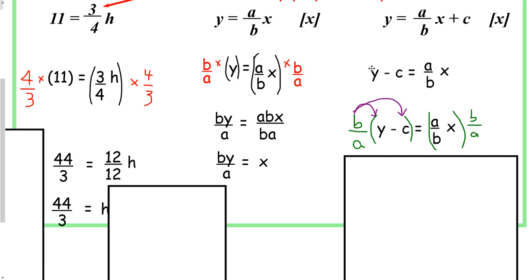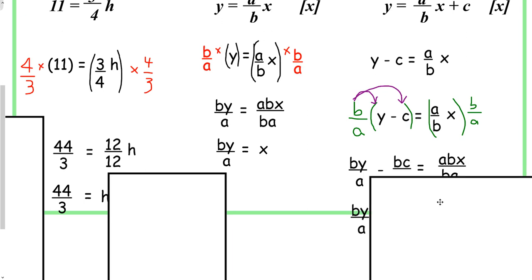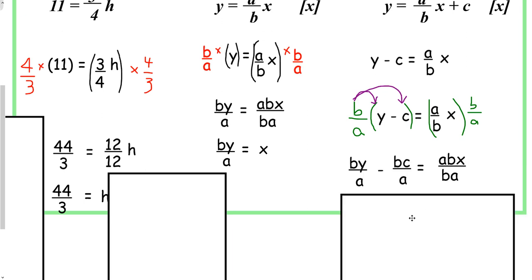Okay, so what I decided to do here is these are separate terms, so there's two ways of doing this. You could put a bracket around each one and multiply each one by b over a, or you could use a distributive property where you put one bracket around the whole thing, which is what I did, and multiply that by b over a, but now I've got to distribute that to everything inside the bracket. Okay, it works out to be the same. So on the left hand side we have by over a minus bc over a.